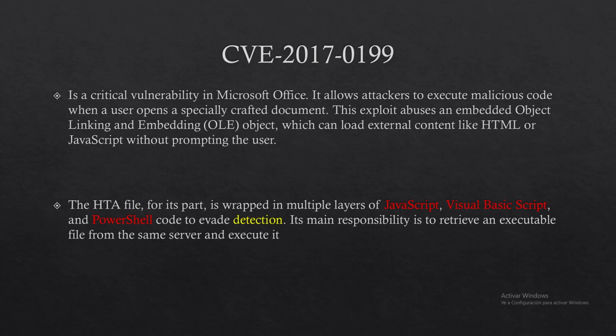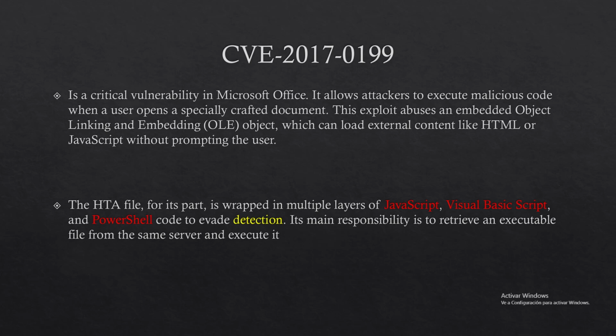So this vulnerability of the Microsoft Office is critical. Like I said, 7.8 is quite high, and it allows attackers to execute malicious code when a user opens a specially crafted document. This exploit abuses an embedded Object Linking and Embedding object, which can load external content like HTML or JavaScript without prompting the user.